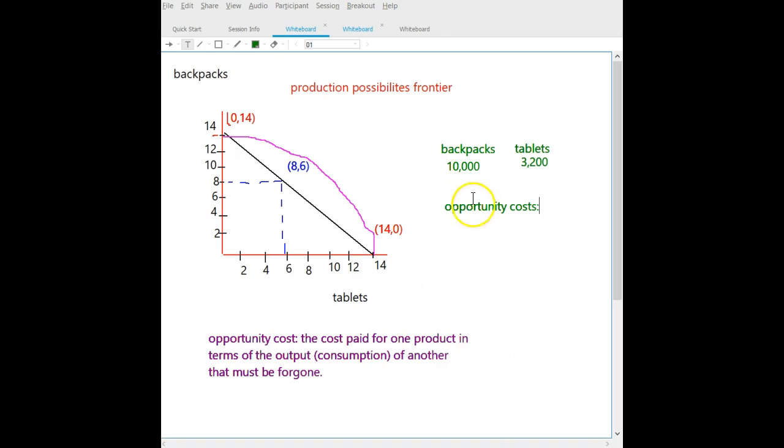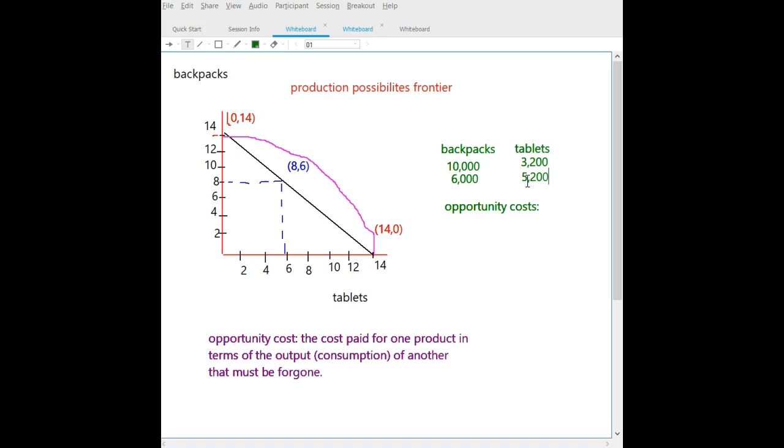So for us to figure this out, we're going to put 1,000, and we're going to put 5,200. So for us to calculate the opportunity cost, you see how we have those four values.